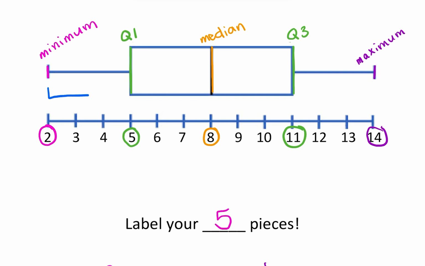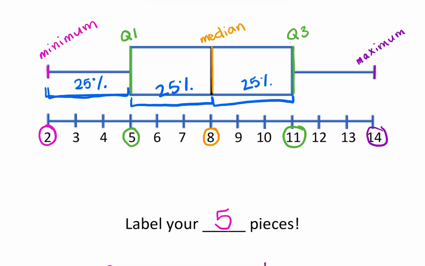This section from here to here would be 25% of my data, okay? And from Q1 to median, this is another 25% of my data. And from the median to the Q3, that is 25% of my data. And lastly, from Q3 to the maximum, that is 25%. If you notice, all of those percents give us the entire 100% of the whole box plot. So that will help us answer some questions.